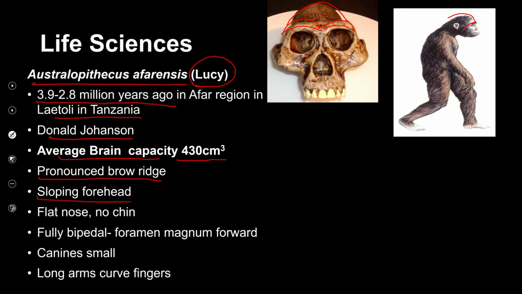They had quite a sloping forehead, and there you can see, so when we talk about a sloping forehead, it goes in that direction, and that's because the jaw is still quite prognathous. Okay, so they had a flat nose, there was no chin, they were fully bipedal, so the foramen magnum was in a more forward position. Canines were also small, and they had long arms with curved fingers.